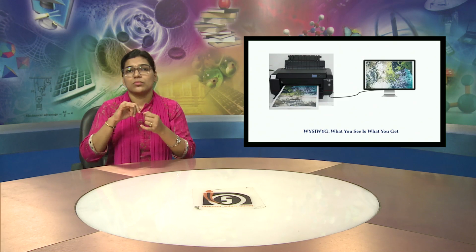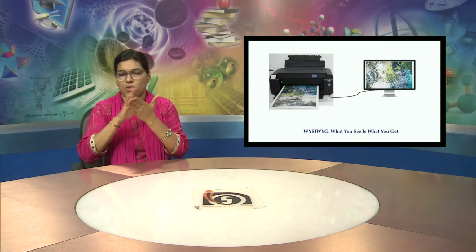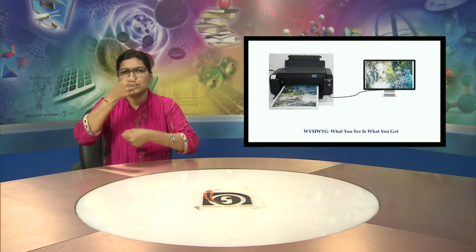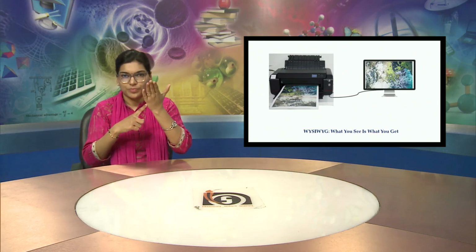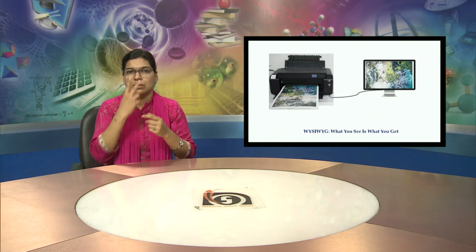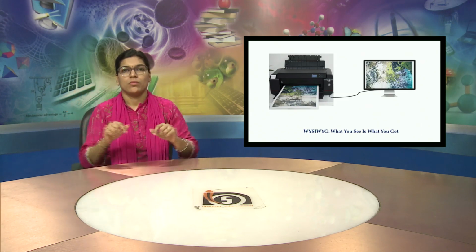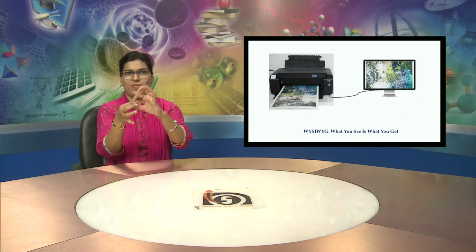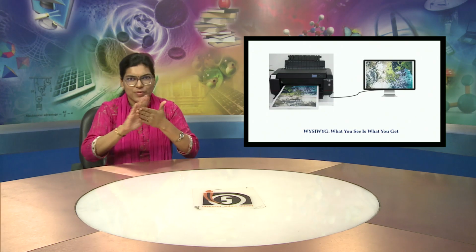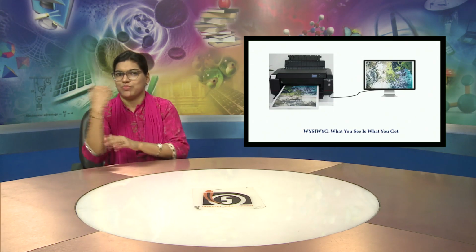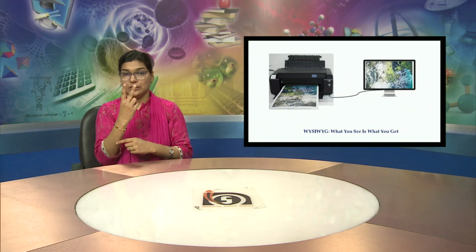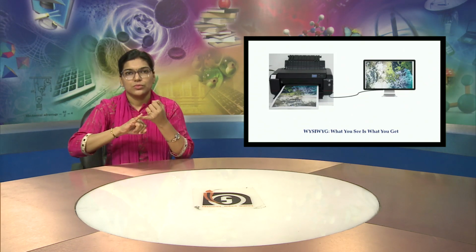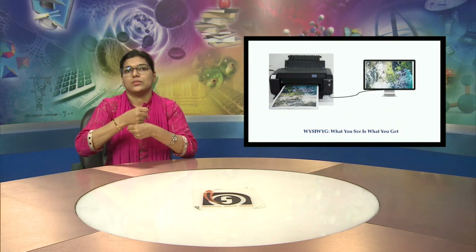So, each letter has a meaning, like W stands for what, then Y stands for you, S stands for see, then I stands for is. What you see is what you get, means whatever you are watching, the same thing you are receiving as output. So, that is why the image also explains the same thing.